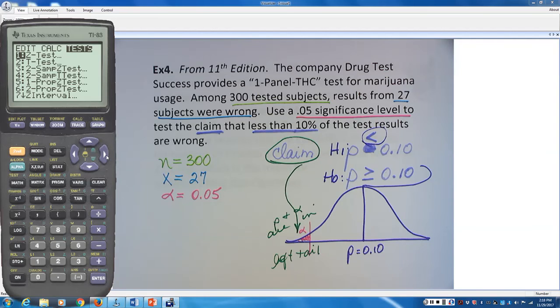One prop z test. There is no one prop t test, there's only a one prop z test. So with that one, fortunately, you only have one choice. You don't have to pick between the two. Okay? So we're going to do a one prop z test.